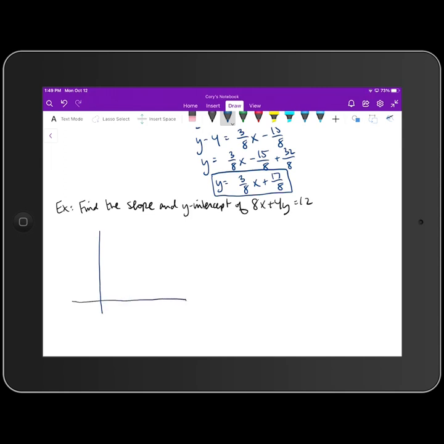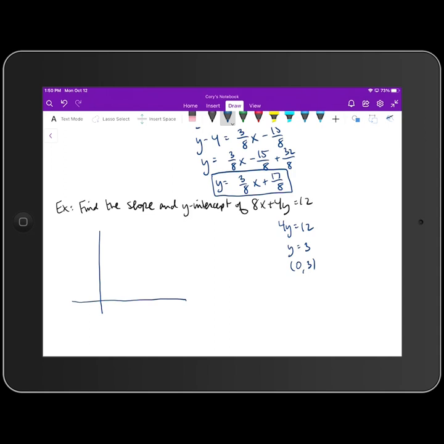So all you want to do to find the graph of an equation in standard form is you can set x equal to 0 and solve for y. So if we do that, we get 4y equal to 12, which makes y equal to 3. So when we set x equal to 0, that made the y value 3. So that gives me my y-intercept.